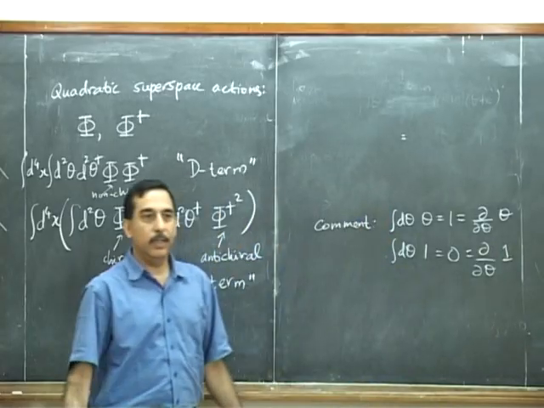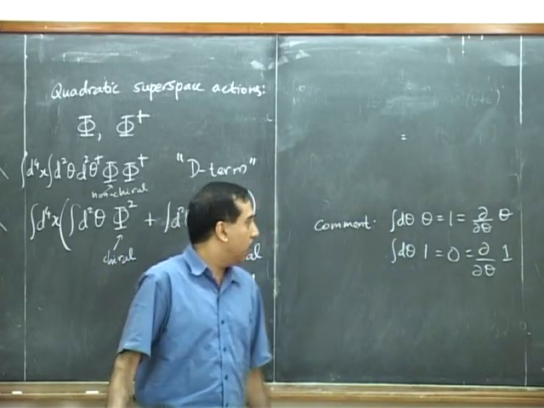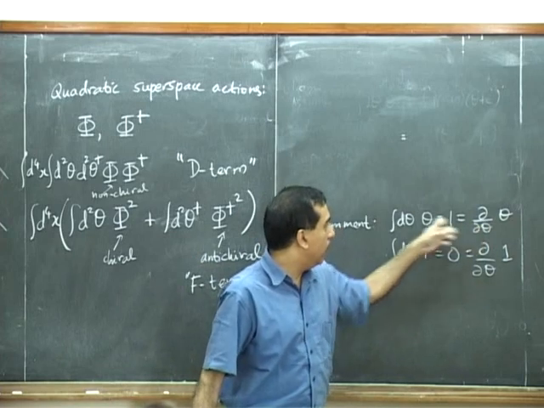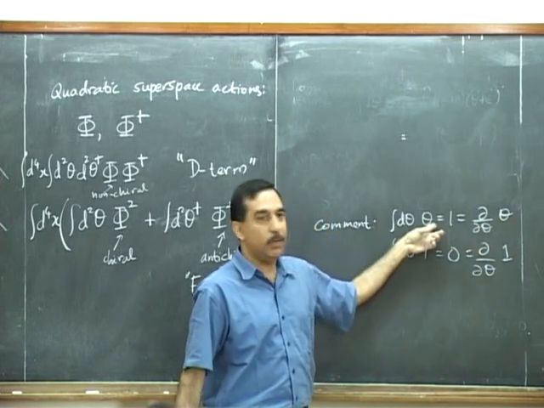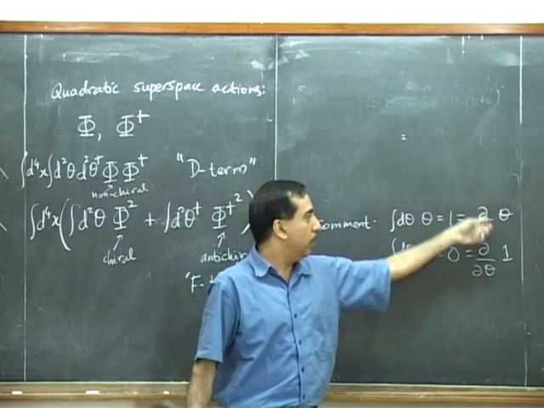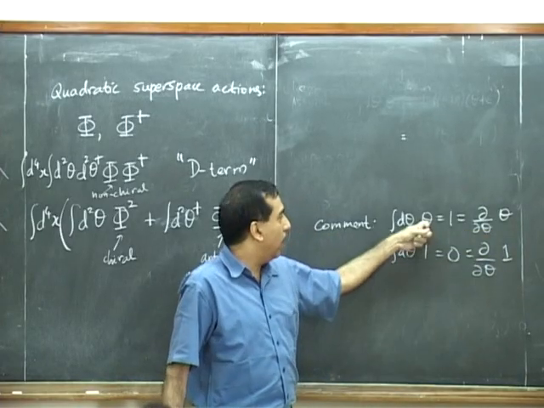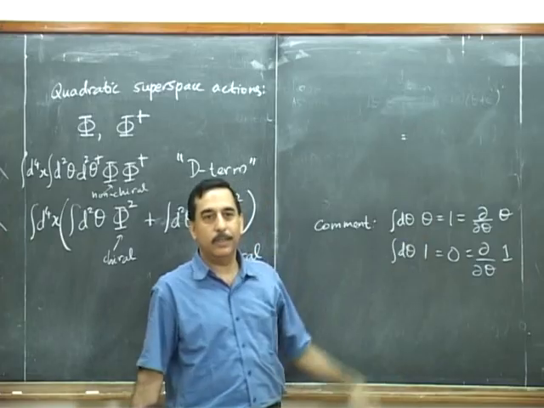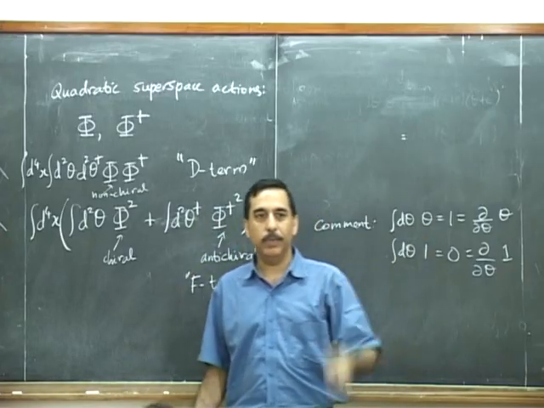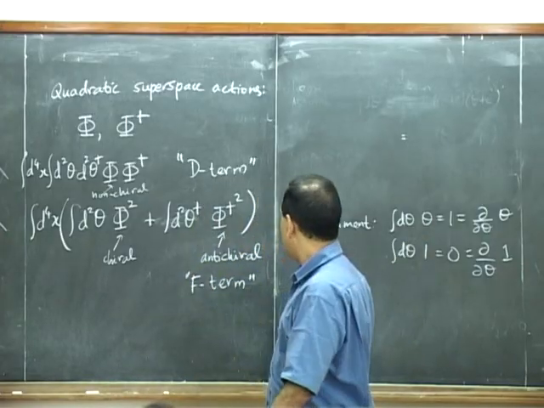So integration and differentiation are the same. And that's another way of saying that the canonical dimension of this measure is opposite of the canonical dimension of theta, because it's really d by d theta. It's puzzling because in normal life, if x has a dimension, then dx should have the same dimension, but here it has the opposite dimension. Good.